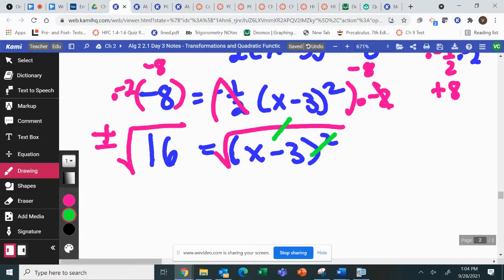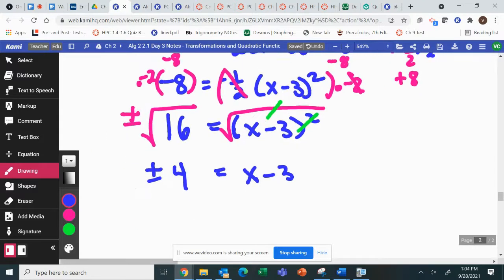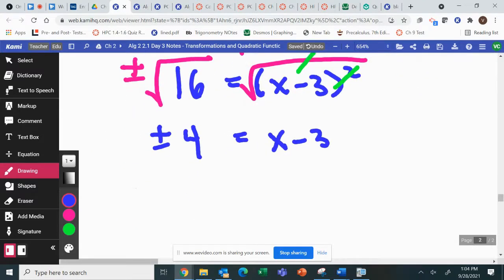That's why we use square root, so that they would undo each other. On the other side of the equation, this is plus minus 4. Do you guys know where I got a 4? I don't want to assume. 4 times 4 is 16, or -4 times -4 is 16. So that's where I got both plus minus.